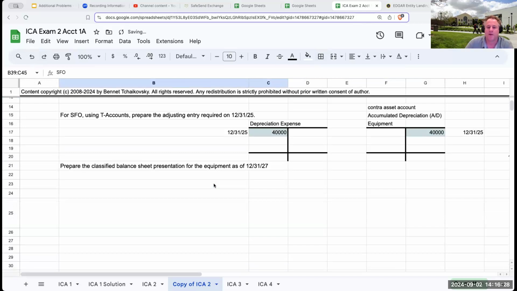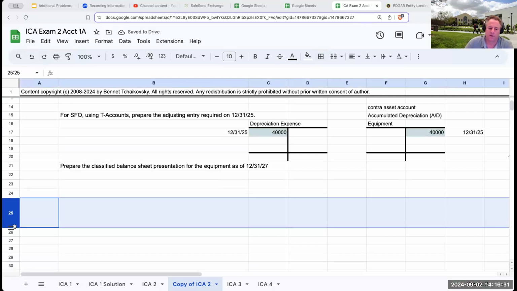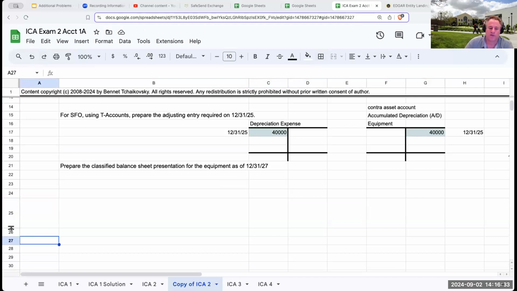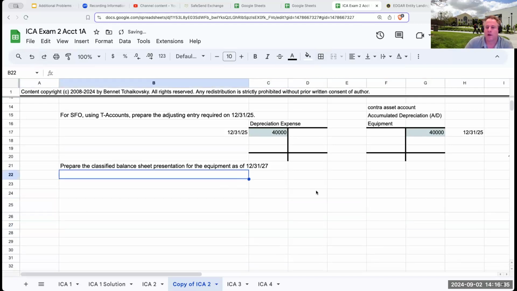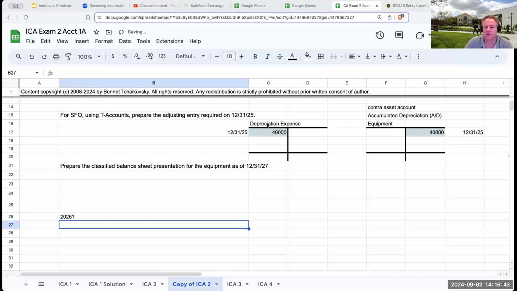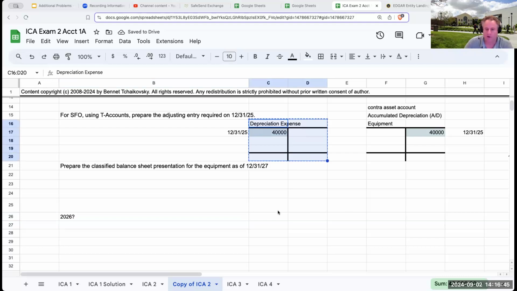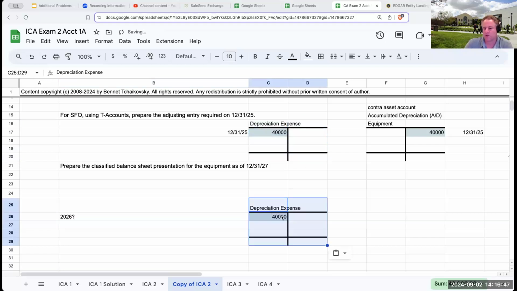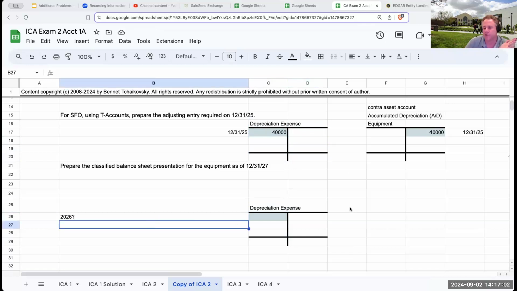Perfect. Okay. So now what happens in 2026? Well, our depreciation expense, like all expenses, is going to be closed out to retained earnings. It's going to zero out, because that tells us how much we used the asset for 2025. When we go to 2026, we are starting fresh.